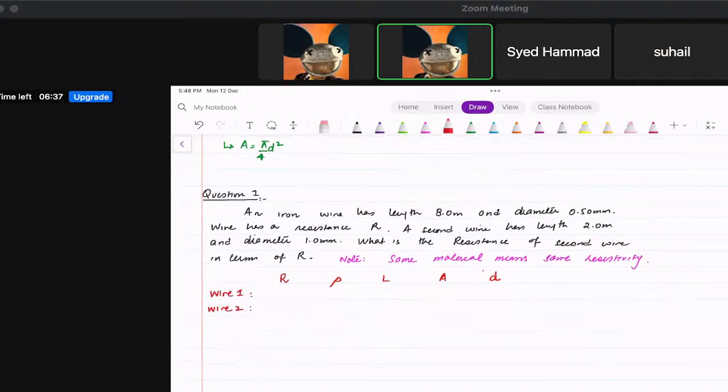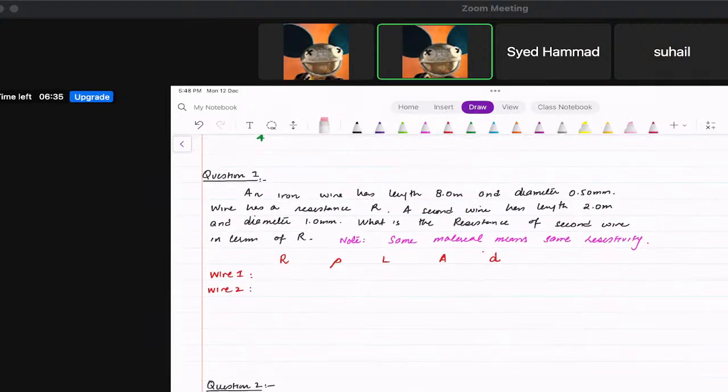The resistance of the first wire is R, so I'm going to keep on filling in the information. The length is 8, and the area we don't know, but the diameter is 0.50 millimeter. Is it clear?